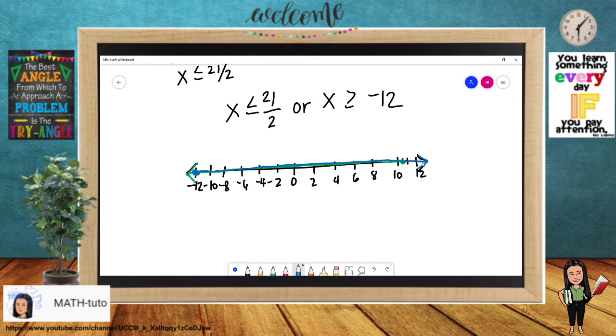Okay. So, as you can see in the graph, it became shaded, because we can still extend this one to negative infinity. And this one, greater than negative 12, goes to positive infinity.